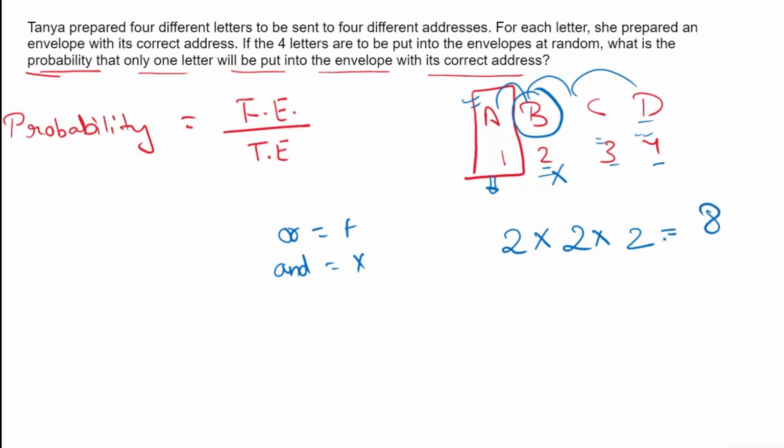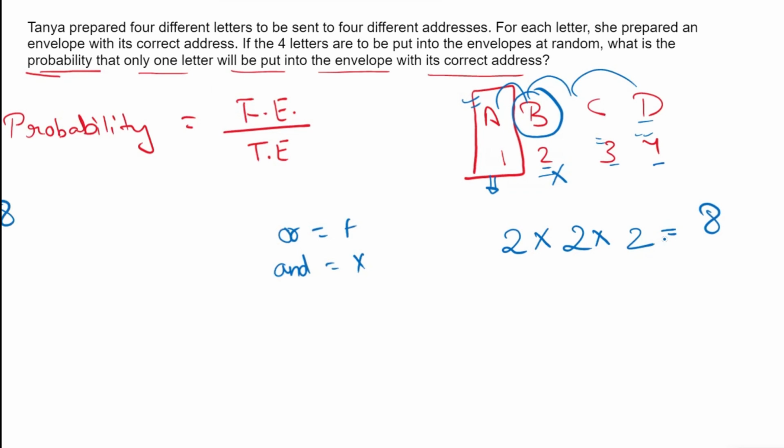What is the favorable event? That only 1 letter will have the correct address, and the remaining 3 letters have incorrect addresses. So the favorable event in this case comes out to be 8.